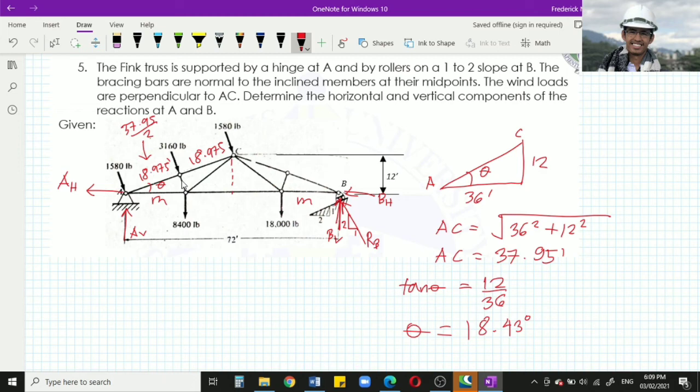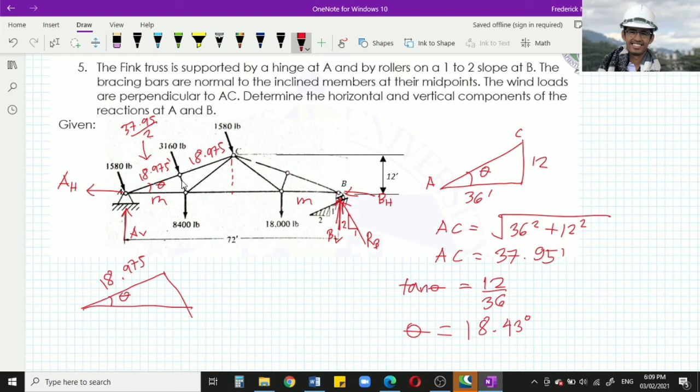So meron tayong value ng theta. Pwede nating makuha yung value ng M. Okay? So kung i-isolate natin tong triangle na to, meron tayong triangle dyan. So this is theta and this is 18.975. Sabi niya, bracing bars are normal to the inclined members.